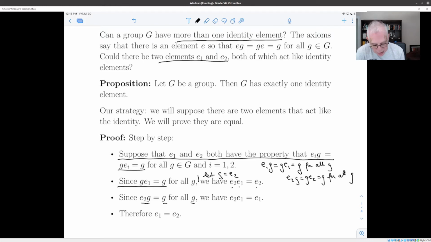And so for that one, we can choose g equals E1, and we get E2 E1 equals E1. But if E2 E1 equals E2 and E2 E1 equals E1, well, then E1 equals E2. So we've shown that if you have two potential identity elements in the group, then in fact, they have to be the same element. And therefore, the identity element in a group has to be unique.